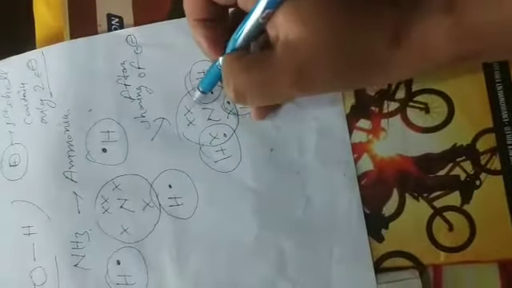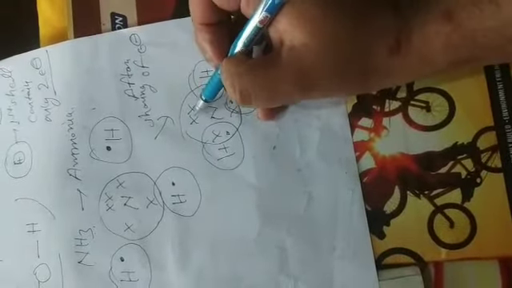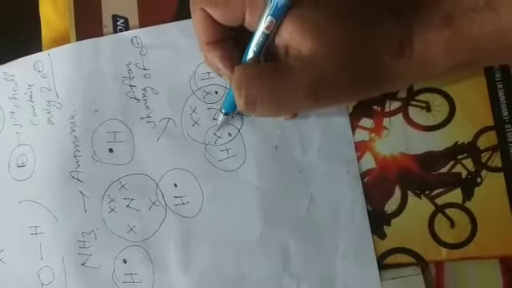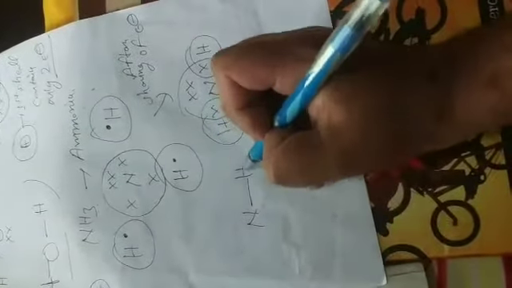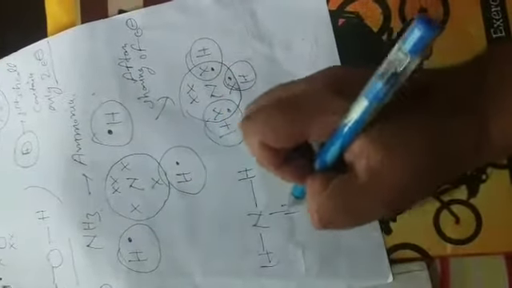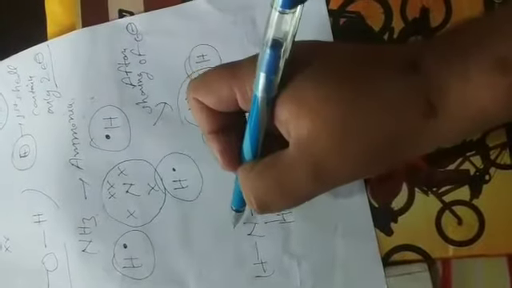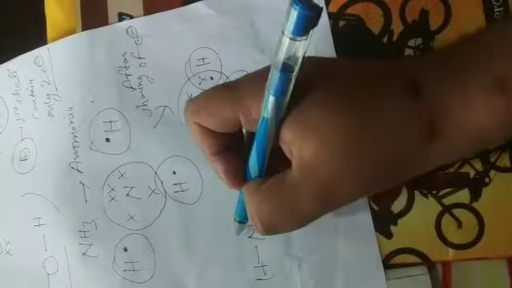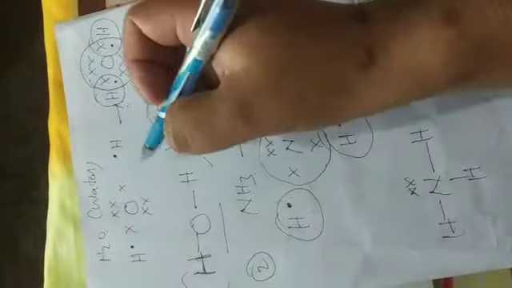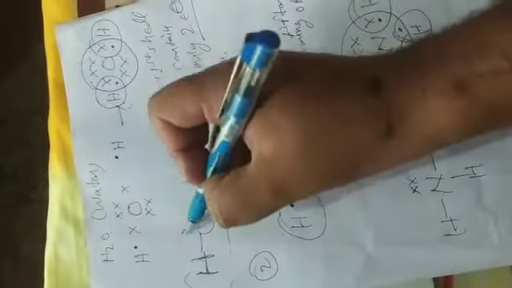In this case nitrogen has 8 electrons, so its octet is completed: 1, 2, 3, 4, 5, 6, 7, 8, and hydrogen has 2 electrons. In this case, one electron pair is shared, so only single bonds are formed in ammonia. These are the 2 electrons in H2, which are also represented like this.